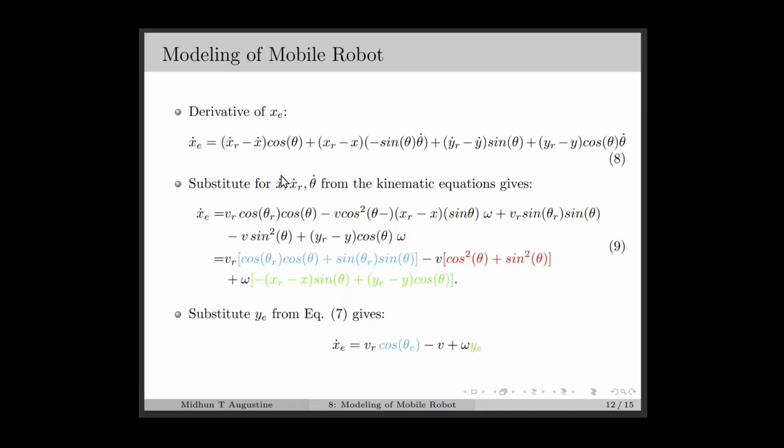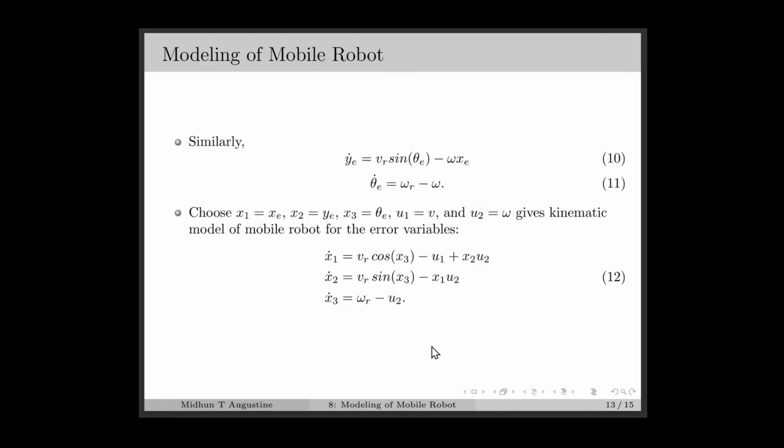Here we can substitute X dot, XR dot, and theta dot from the kinematic equation, which results in equation 9. Replacing the expression in green color with YE, we obtain XE dot equal to VR cos theta E minus V plus omega YE, which gives us the error dynamics along XE. Similarly, we can obtain the error dynamics along YE as in equation 10 and theta E as in equation 11.